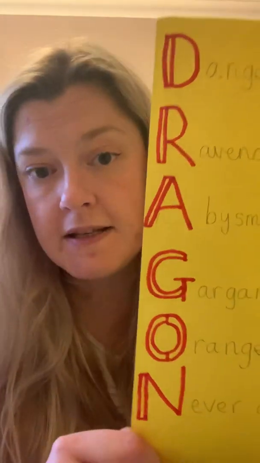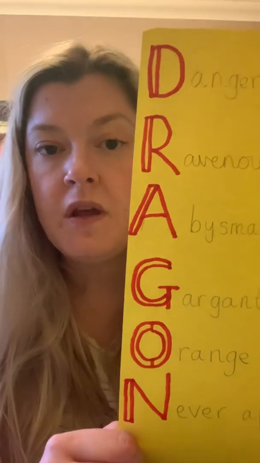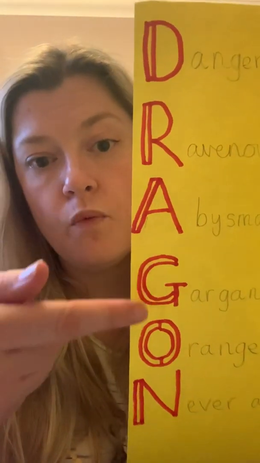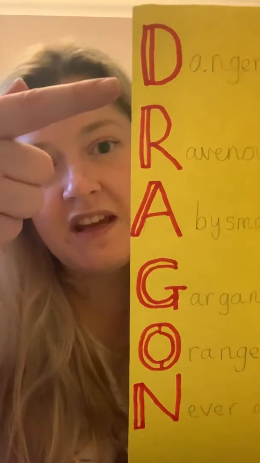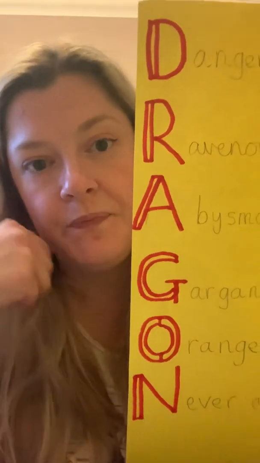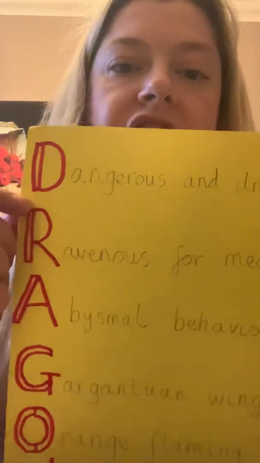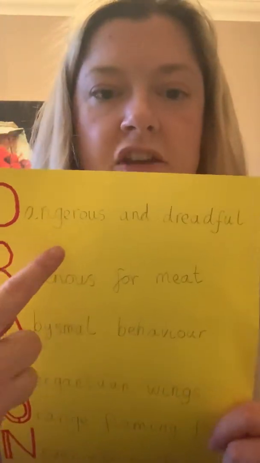Now each line of the poem starts with each letter in the word dragon. So, for example, for D I have written dangerous and dreadful. So I've chosen to write about a scary dragon in my poem.